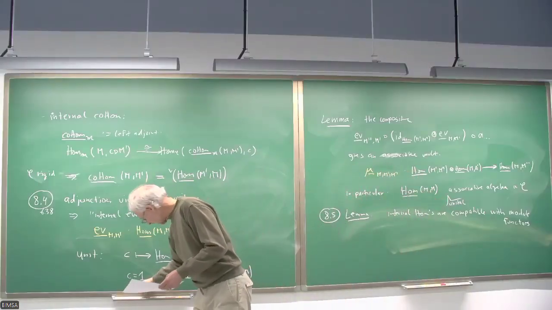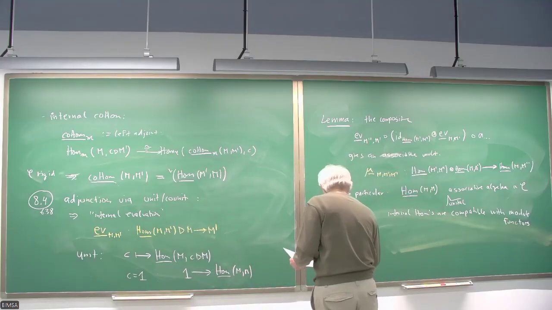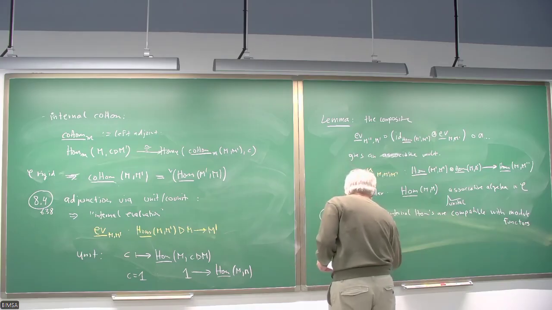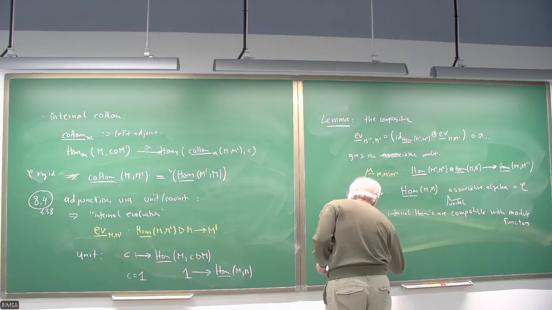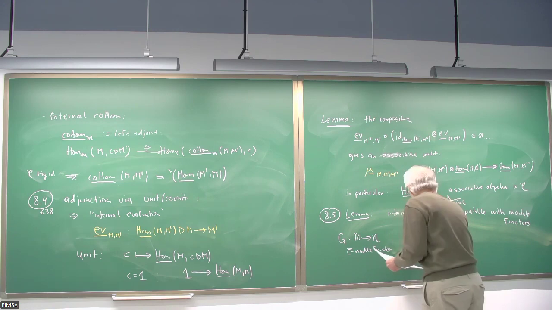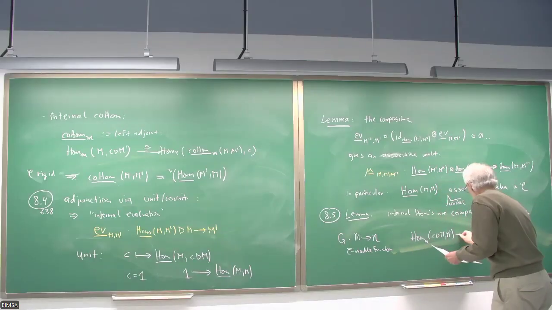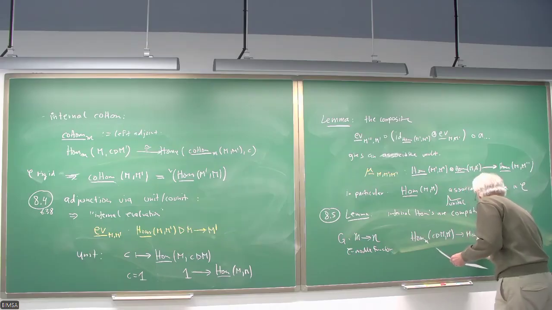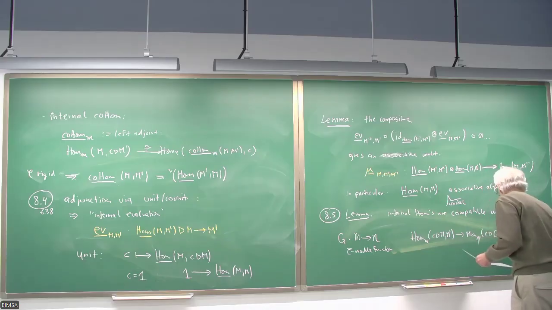So by this, I mean in more detail, and this is essentially also the proof: assume we have a functor G from M to N, which is a C module functor between C module categories M and N. Then there is a natural map from the morphisms in M, C acting on M to M prime, to those in N, where we apply the functor G to M and M prime.